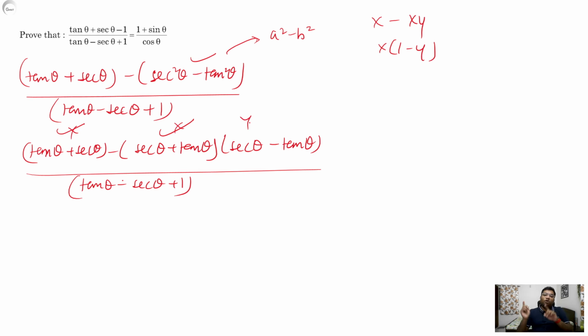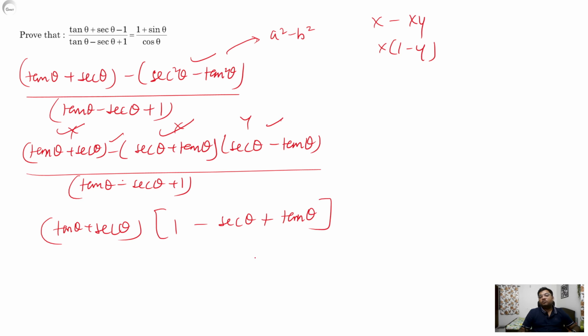I found one factorization related stuff, I'm going ahead with it. So tan theta plus sec theta is common. And in the bracket, 1 minus, and there's a minus, remember. So this will open as sec theta plus tan theta, because that minus will change this minus to plus. Okay, and whole upon tan theta minus sec theta plus 1.